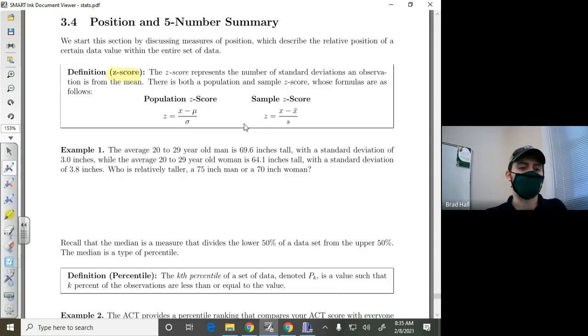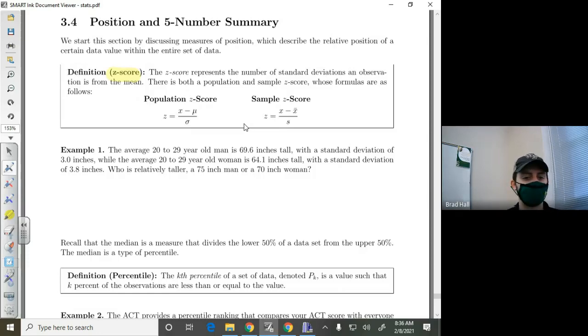Let's look at example 1 and determine what this represents. Example 1 says the average 20 to 29-year-old man is 69.6 inches tall with a standard deviation of 3 inches.